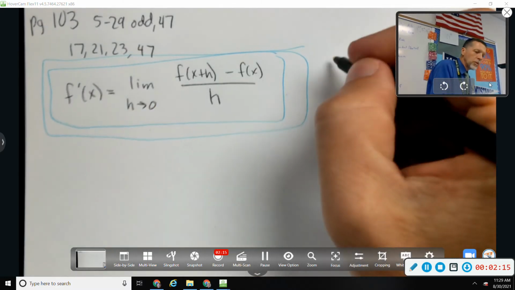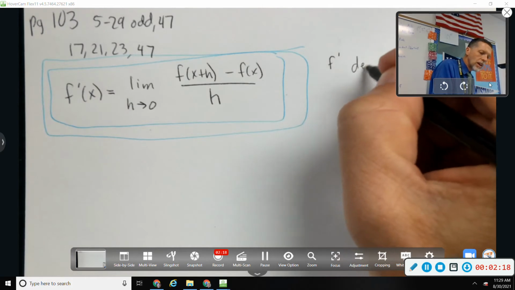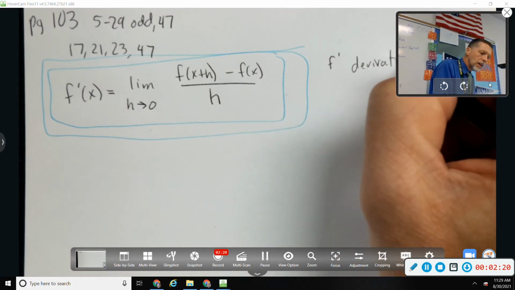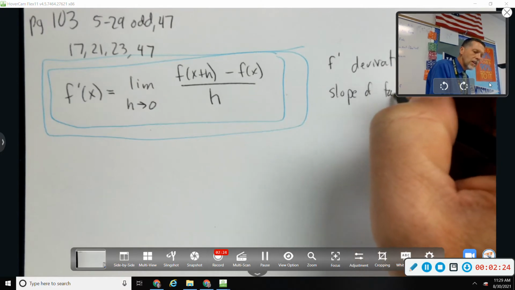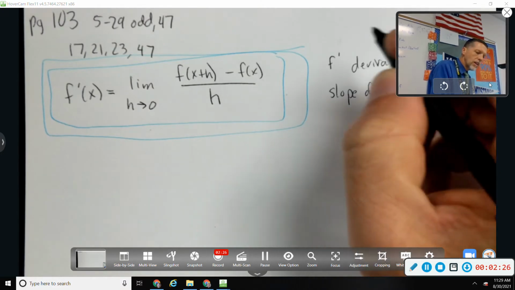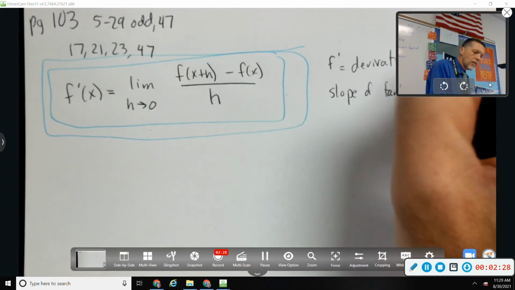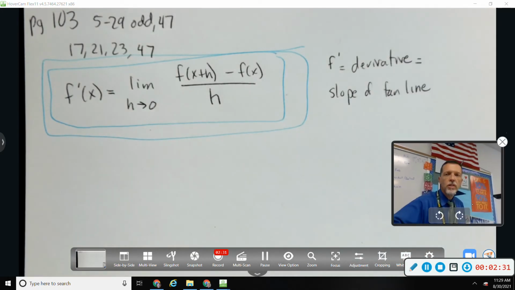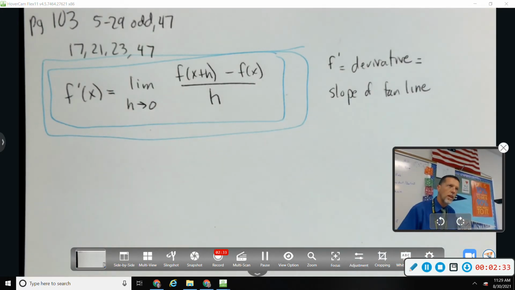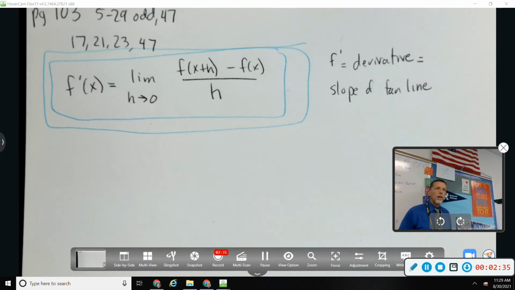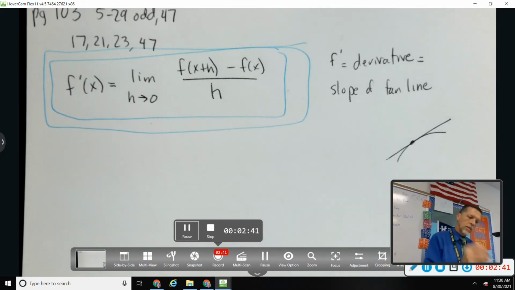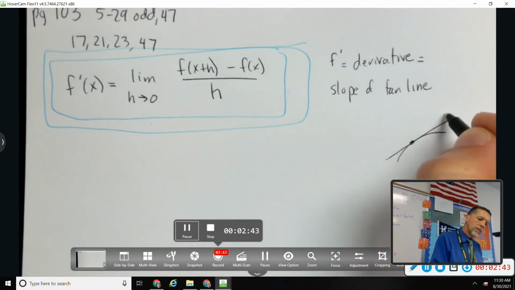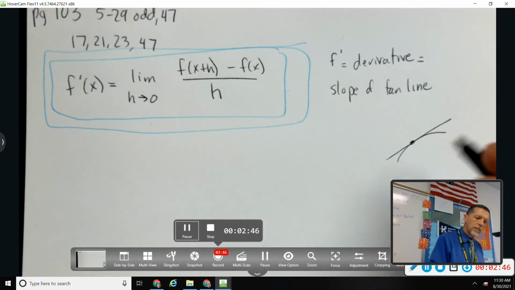And remember, the derivative tells you the slope of the tangent line. F prime is the derivative, and it tells you the slope of the tangent line. The slope of that line at that point is the derivative.